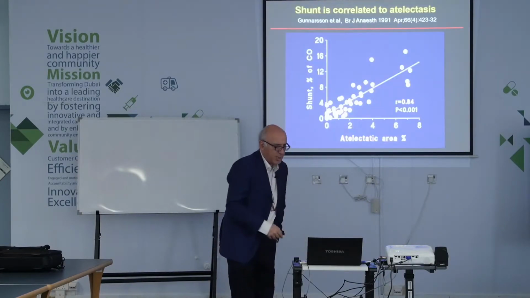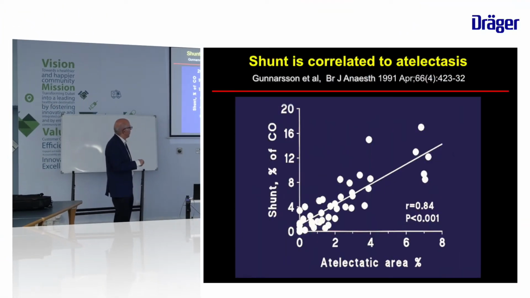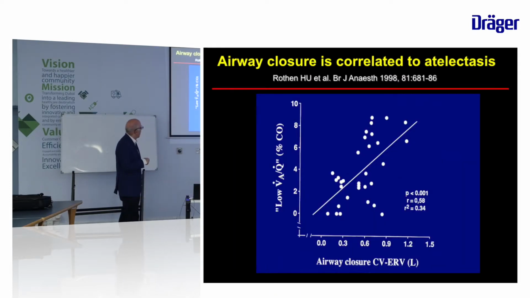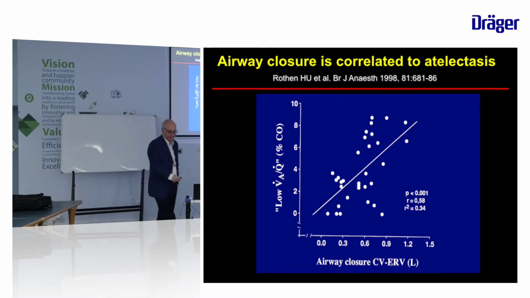What about gas exchange? As we discussed before, this is the correlation between atelectasis and shunt, which is a very good correlation, as I showed you before. This is the correlation between airway closure and the low VQ areas. You see that when airway closing volume is higher than the lung volume, you have an increase in the low VQ areas.